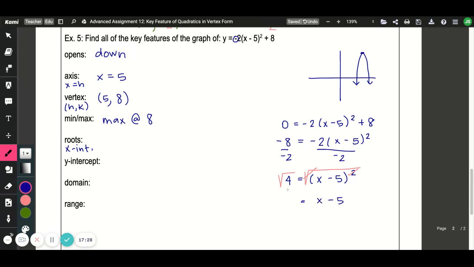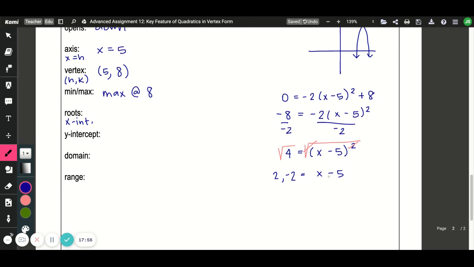On this side, if I take the square root of 4, I get 2, but I also could get -2. If I square -2, I get 4 also. So anytime you add in a radical that was not there, there were no square roots in this, right? We put them there so that we could solve. Anytime you do that, you need positive or negative. You need 2 answers.